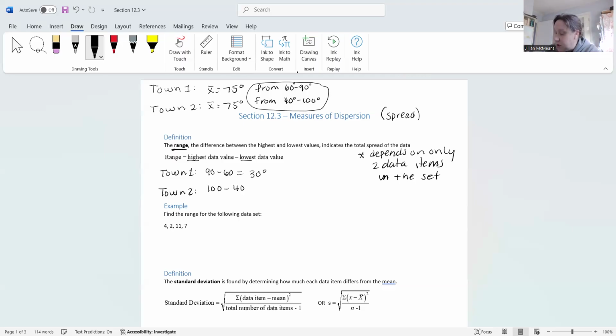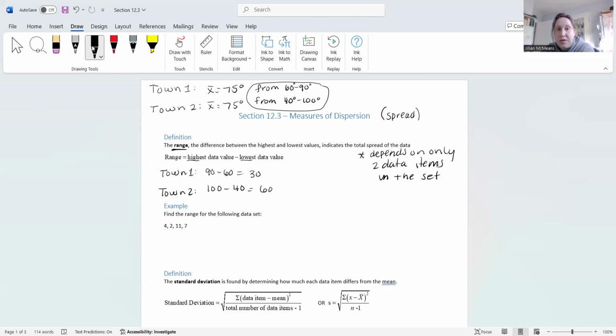The lowest temperature is around 40, so they have a range of 60 degrees. So this tells us while these two towns have the same average temperature, the spread throughout the year is way different. There's a range of 30 degrees, and then there's a range of 60 degrees, depending on the town you're in. We don't really need the degree symbol there, but so there you have it.